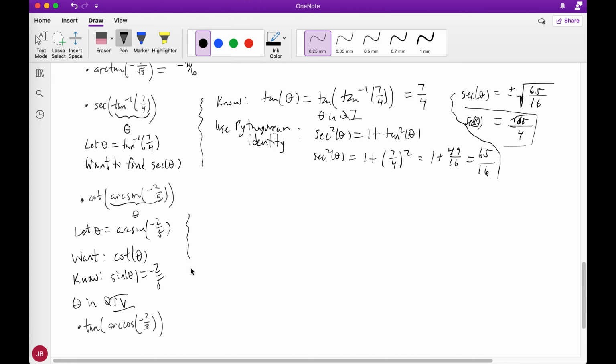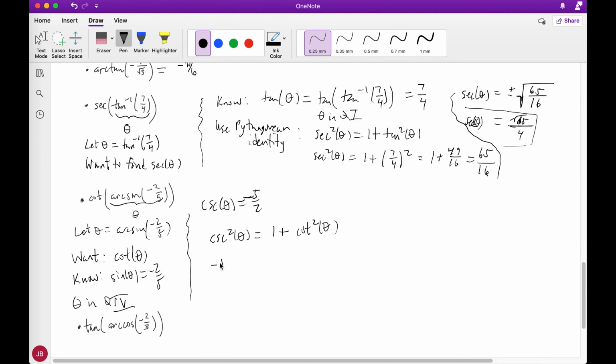All right. So I have sine of theta. I need cotangent. So, pick your favorite Pythagorean identity. But I'm going to say, okay, since sine of theta is minus 2/5, the cosecant of theta is minus 5 over 2. And I have a Pythagorean identity now that says that the cosecant squared theta is 1 plus cotangent squared theta.